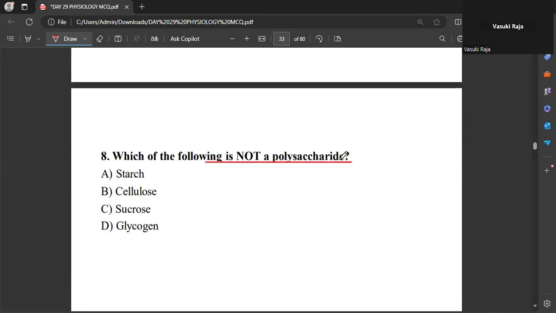Which of the following is not a polysaccharide? Starch, glycogen, everything will be a polysaccharide, and sucrose will be the disaccharide.